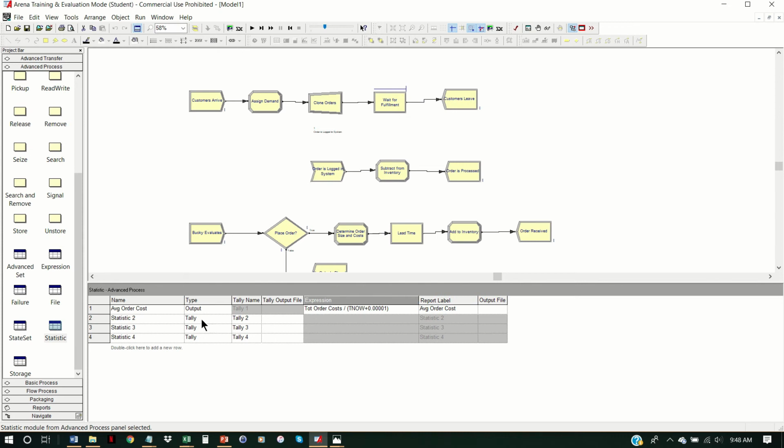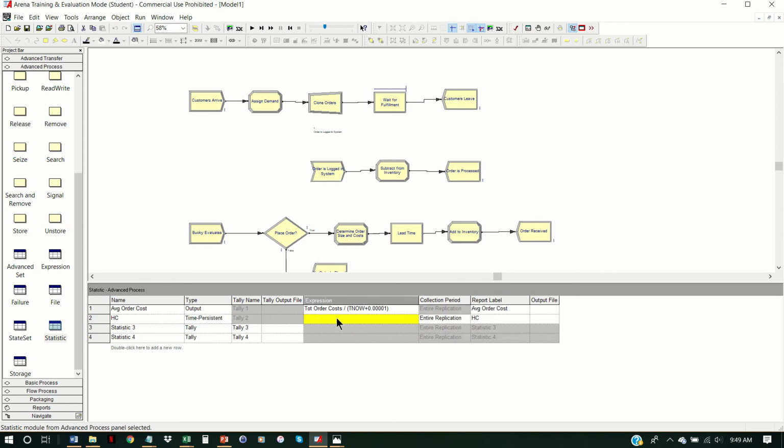We're going to keep track of the holding cost. Holding cost is the amount of money it costs to store one item of inventory for 1 unit of time, and we are told that that is equal to $1 per unit of time. This is something that's constantly changing as the inventory level changes, so this is a time persistent statistic.